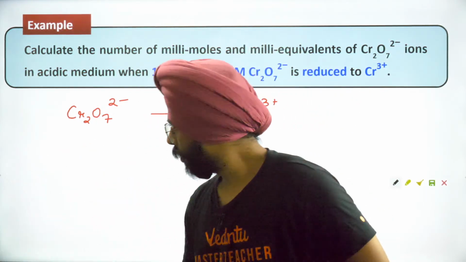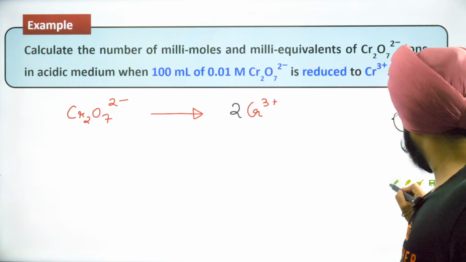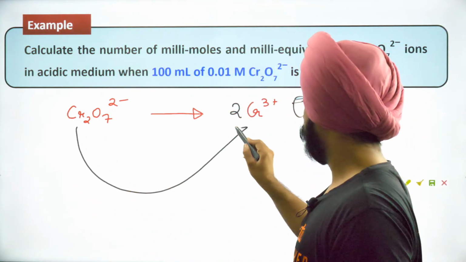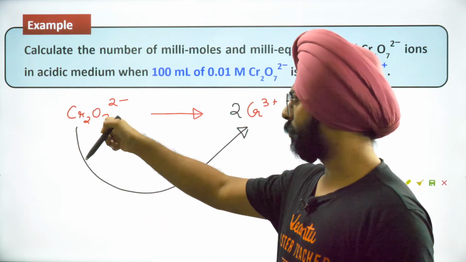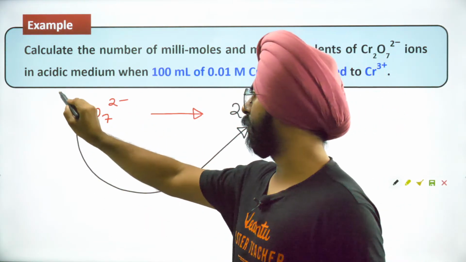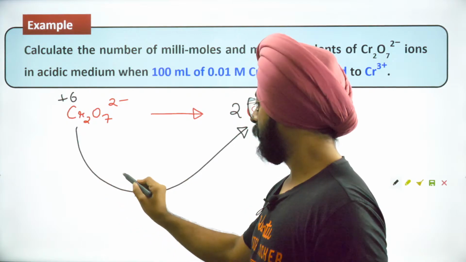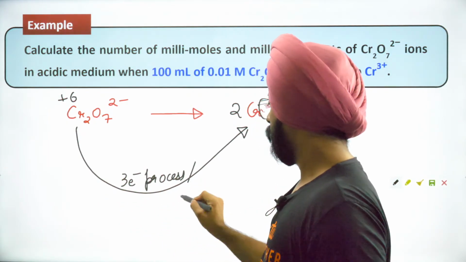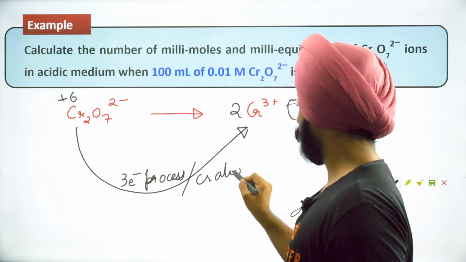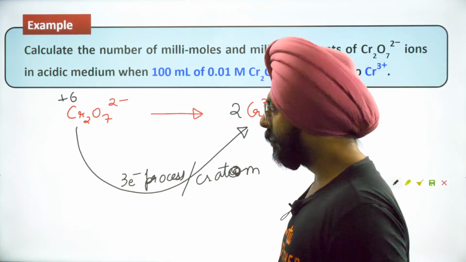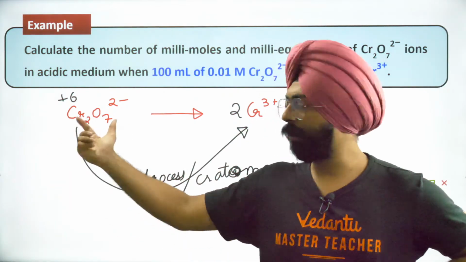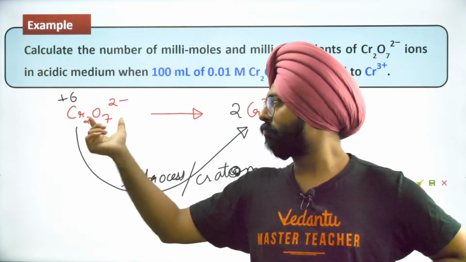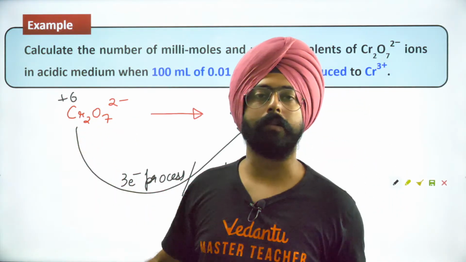Anyway, so now my dear friends, this process, as you all know, how many electron process is this? This is 7 to the 14, 13, 12, 12 by 2. This is a plus 6. So this is a 3 electron process per chromium atom. But do you realize we are talking about the entire molecule over here? This entire molecule is undergoing the reaction. So for this molecule, what is the equivalent factor?